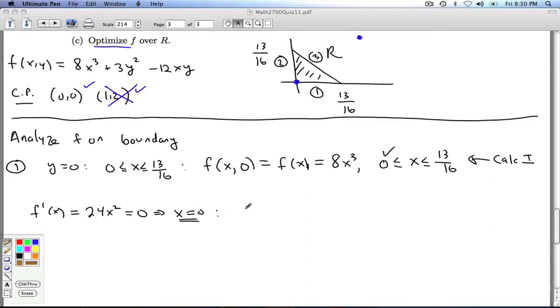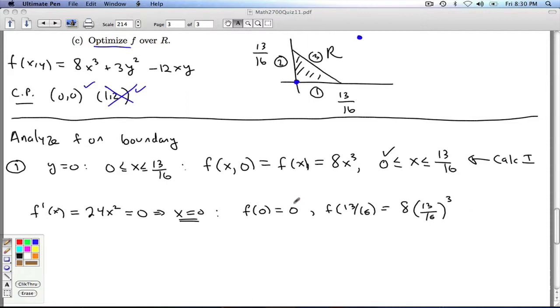And so then I look at the function value at the endpoint and the critical values. F of 13/16 is some ridiculous number. We'll not evaluate that unless we absolutely have to.